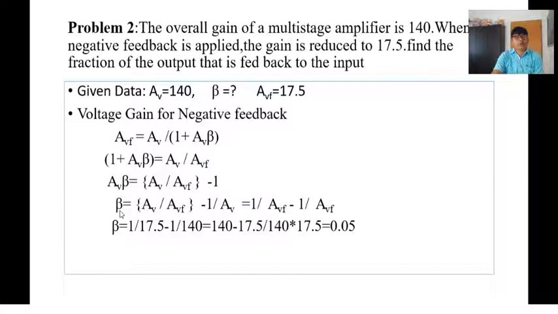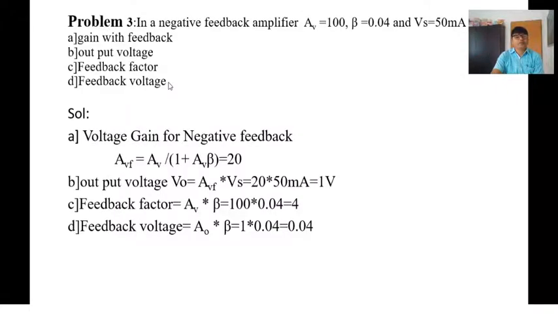By substituting all these gains, the final result is 0.05. So after being given problems, first write the given data, then you come to know what is given and what to calculate.